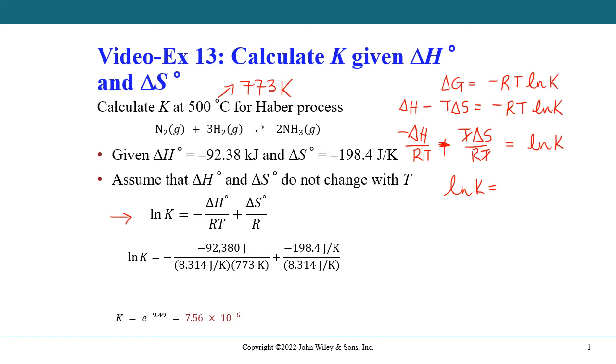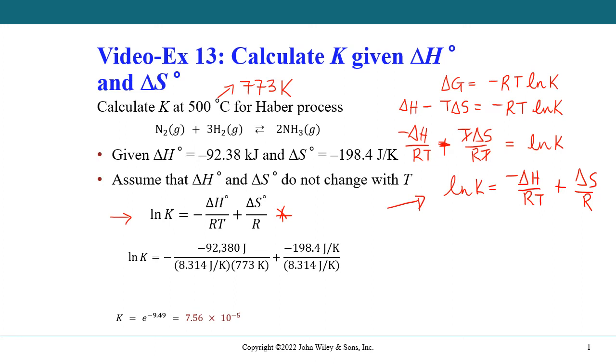So it's minus delta H over RT plus delta S over R. Okay, so that's where this equation comes from, the derivation I've just done over here.